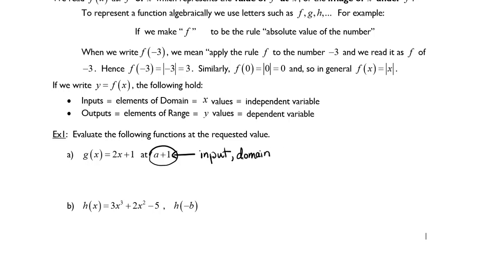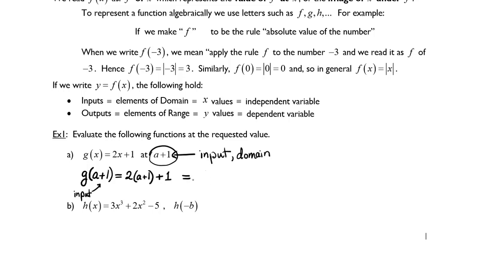So we will substitute a plus 1 into the function g of x. And now we will have g of a plus 1. And since we are substituting a plus 1 in, we will also replace or substitute a plus 1 wherever there is an x in our function.